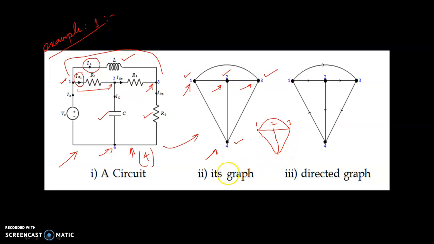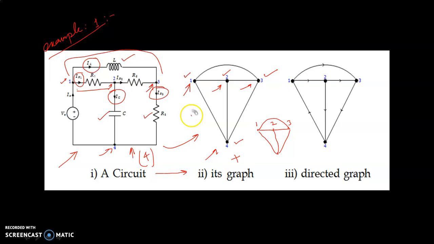So this is your graph. It's a circuit and its graph. Now when we incorporate in this existing graph the given directions of the current flow, the flow of IC is given, the flow of IR2 is given, direction is given.